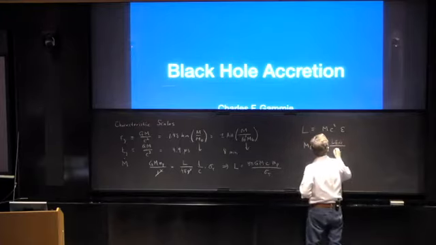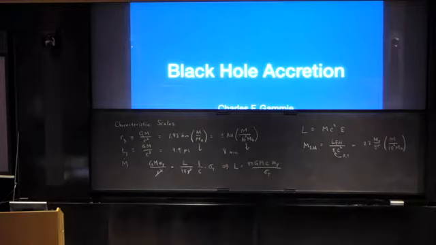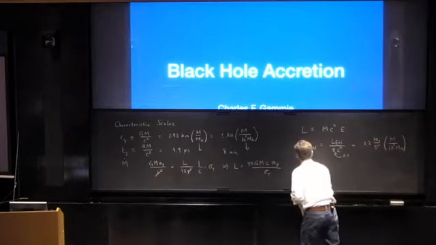And you can see immediately that this also implies a characteristic timescale for changing the characteristics of the black hole, which is just this. It's known as the Salpeter timescale. And it's just the mass divided by the Eddington accretion rate.